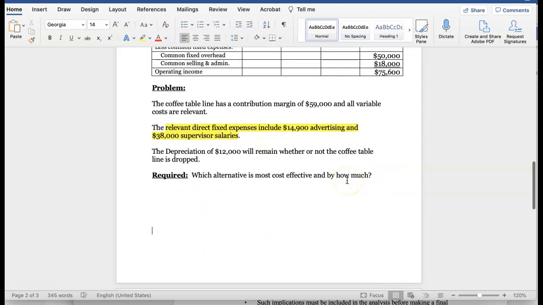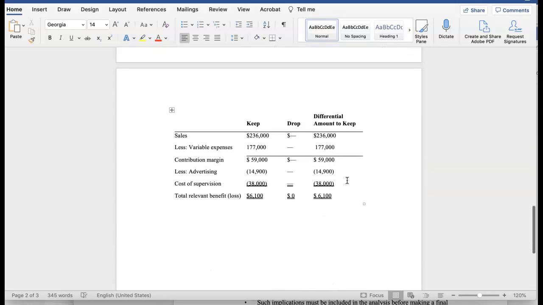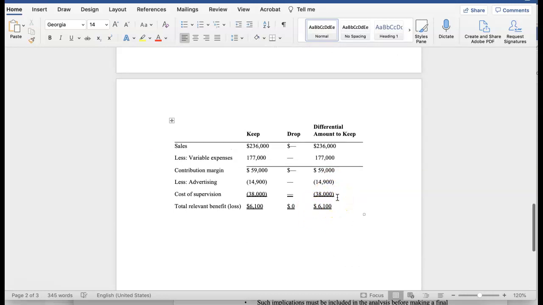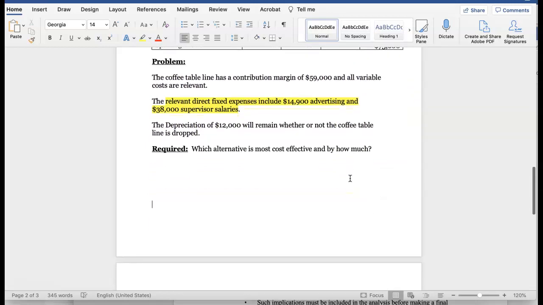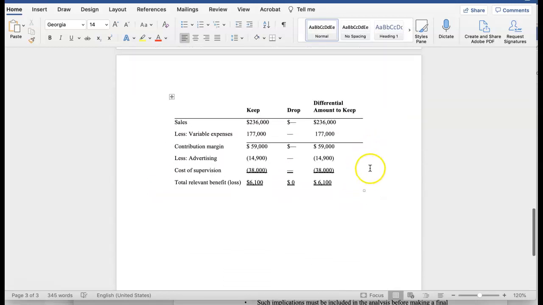In reality, this line is contributing $6,100 to our bottom line because we are covering most of those costs. And again, this $12,000 remains whether or not it's kept or dropped. So in this case, we would choose to keep this line because it contributes $6,100 to our operating income.